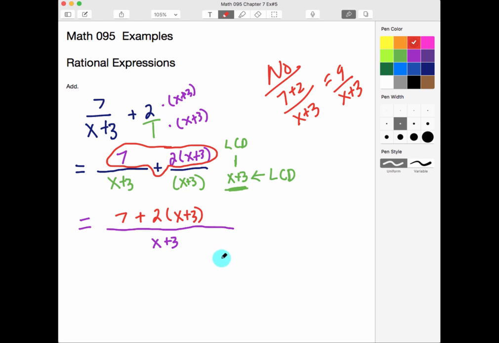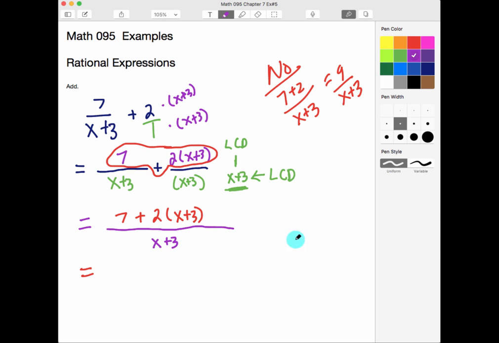Now, another common mistake is that students will see an x plus 3 in the numerator and an x plus 3 in the denominator and start canceling out again, which we don't want to do. We need to factor before we do any sort of canceling, and we haven't factored yet.